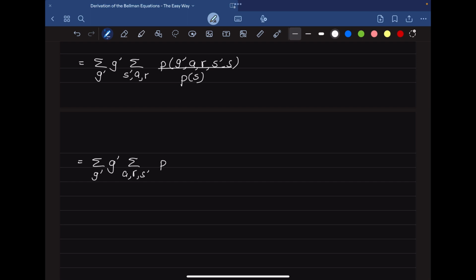Now I'm going to multiply and divide with the same quantity. And that quantity is going to be the probability of being in the state s, taking action a, getting reward r, landing in state s prime.